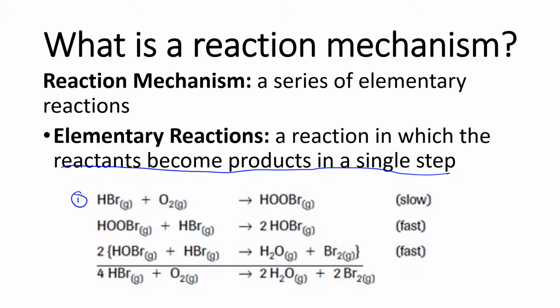So this is a 3-step process to make your net or total reaction. And so we use Hess's law to figure this out, and we can use Hess's law to come up with the enthalpy or the energy for this reaction. But for reaction rates, we want to know the whole mechanism, because the whole mechanism tells us sort of a story.